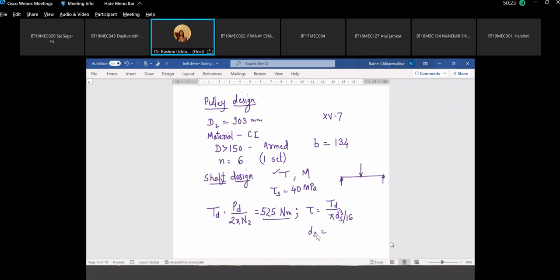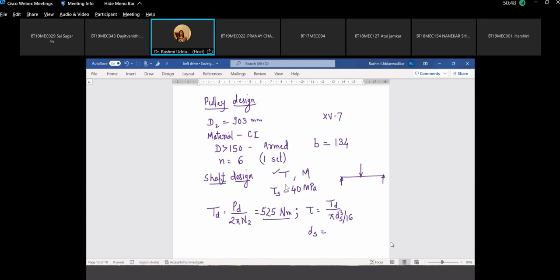Again, you refer to a few more pages for this material. The shear stress value is approximately 75 to 80 MPa. We take 75 to 80 MPa if we know what is the value of torque and what is the value of bending moment. But here, since bending moment is not known, we are ignoring this value of bending moment.